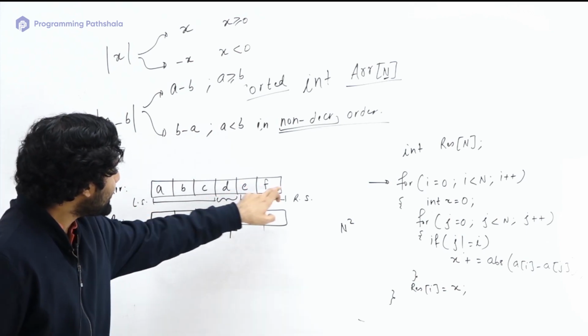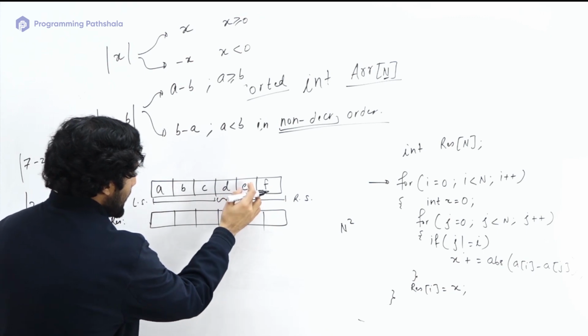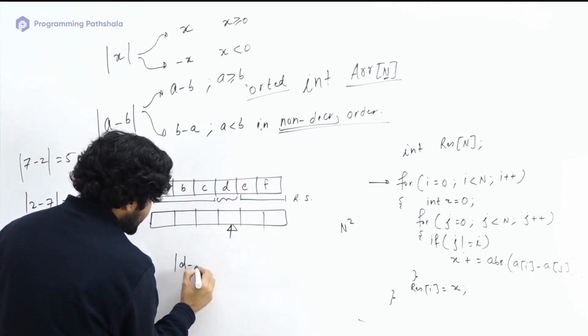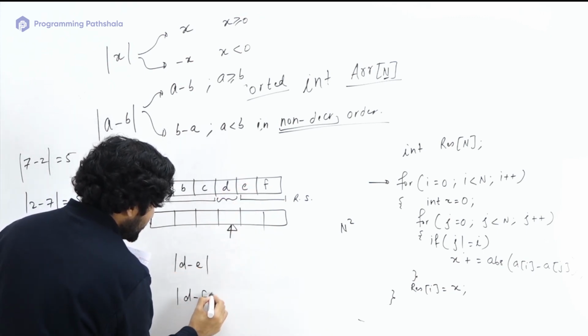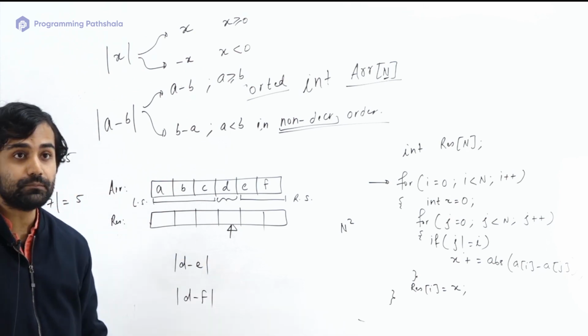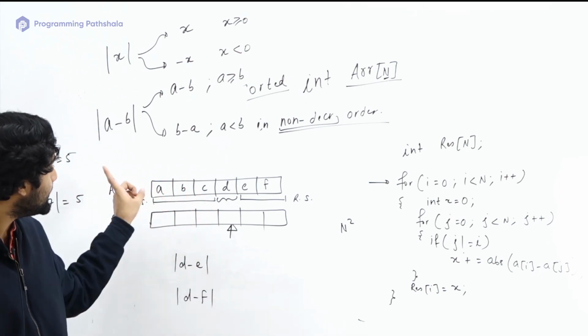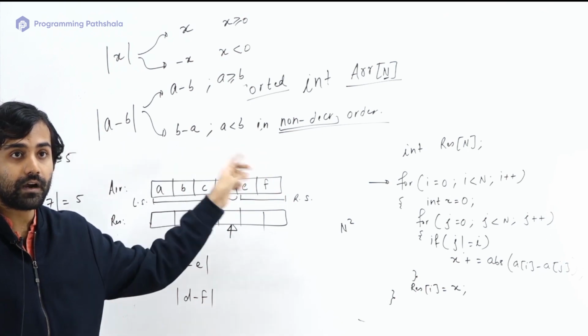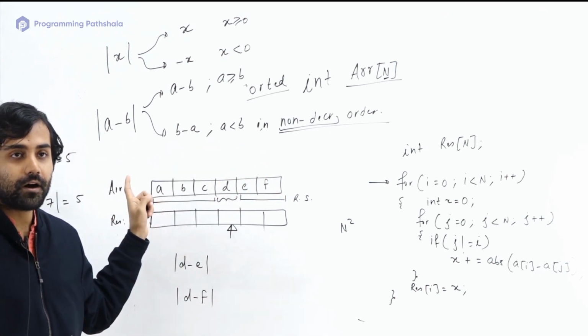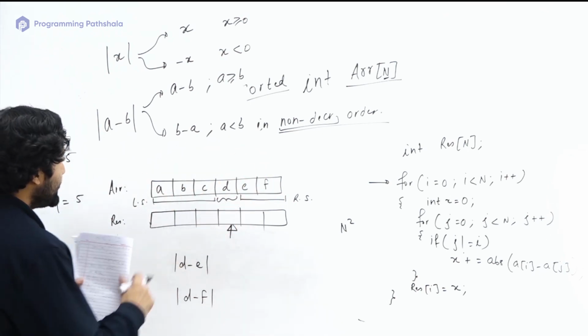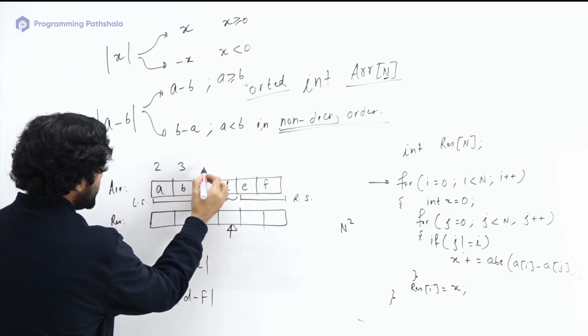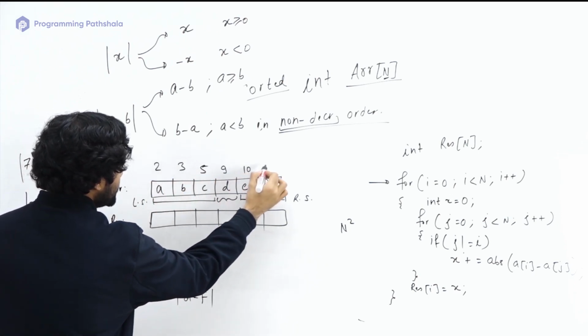So when you take the right side element and you are doing mod of d minus e, mod of d minus f, can you tell me with which sign the modulus will open? Remember that the array is sorted in non-decreasing manner. So you could have had 2, 3, 5, 9, 10, 12.